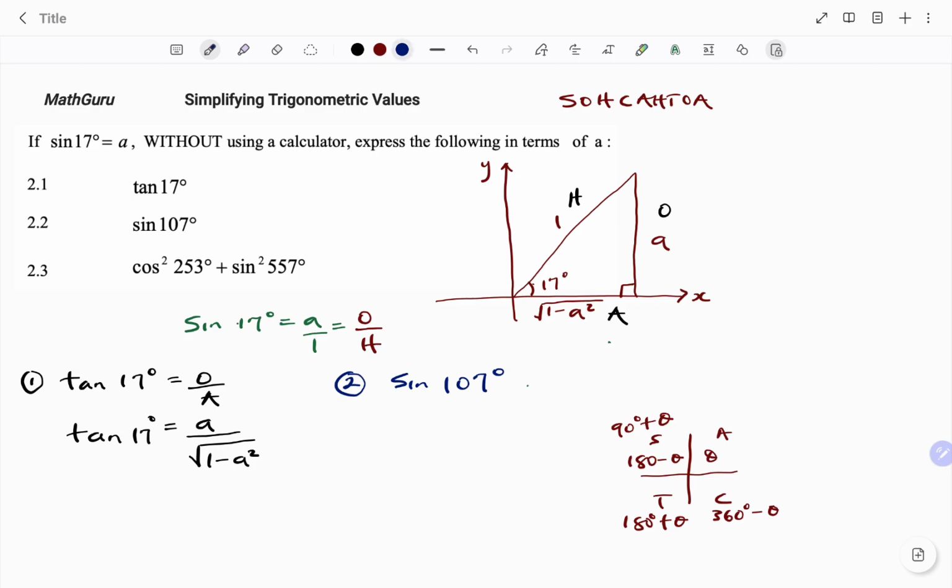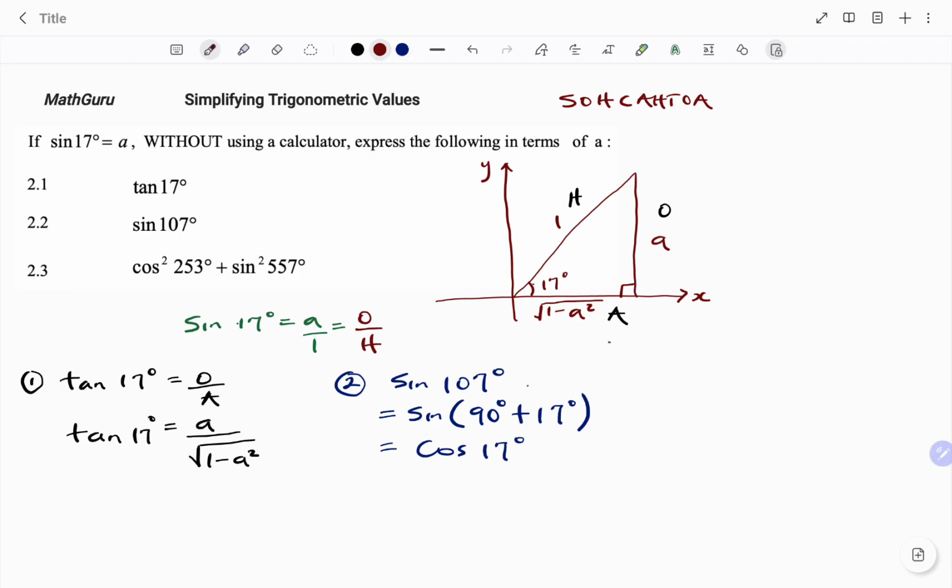So that's equal to sine of 90 degrees plus 17 degrees. Note that 90 plus 17 gives me back my 107 degrees. And using the cofunction rule, this is equal to cos of 17 degrees. We know that the trig ratio for cosine is adjacent over hypotenuse.